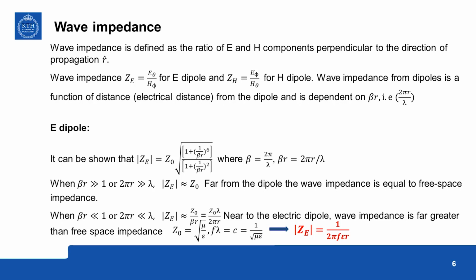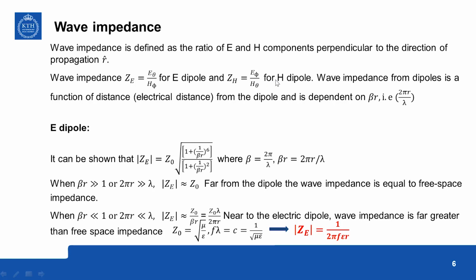So for the electric dipole, it becomes the ratio of the theta component of the E field to the phi component of the H field, and for the magnetic dipole it becomes the phi component of the E field and the theta component of the H field.